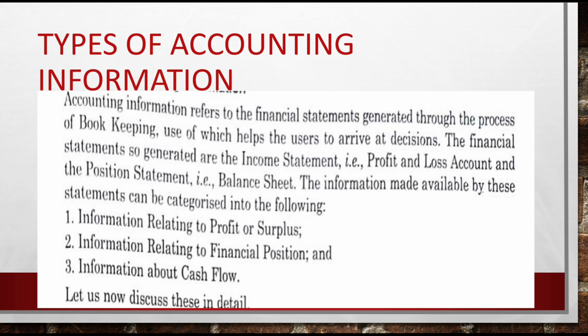This information is of three types: information relating to profit or surplus, information relating to financial position, and information about cash flow. We can discuss these one by one next.